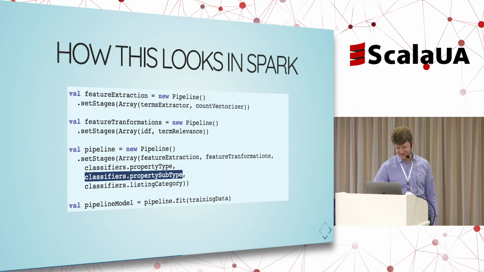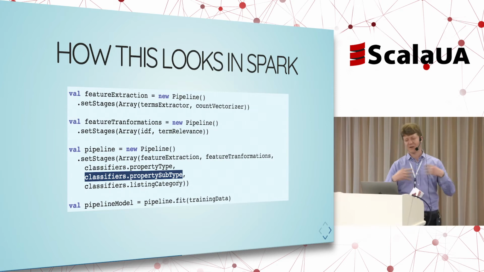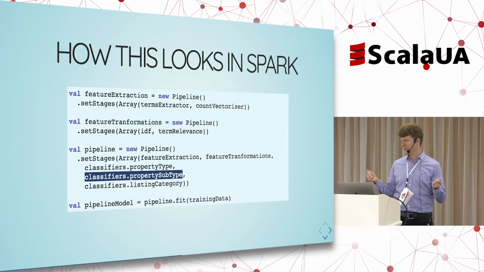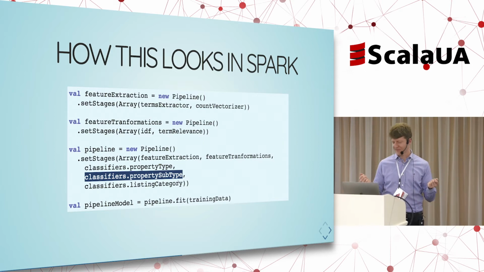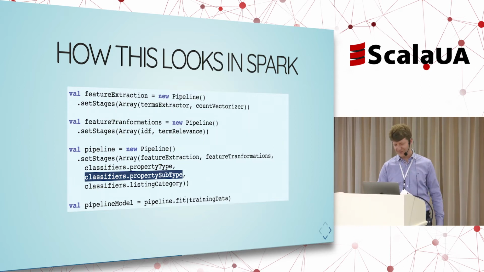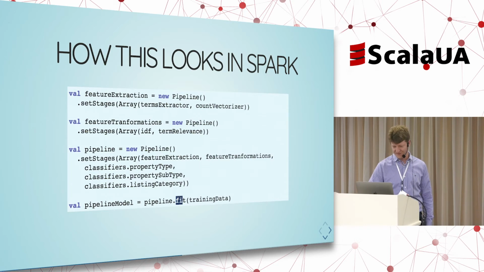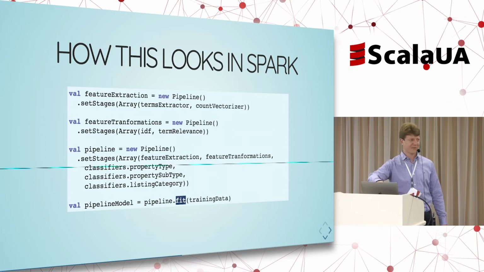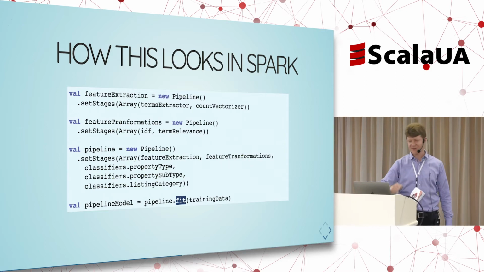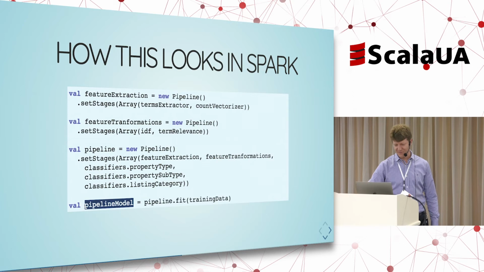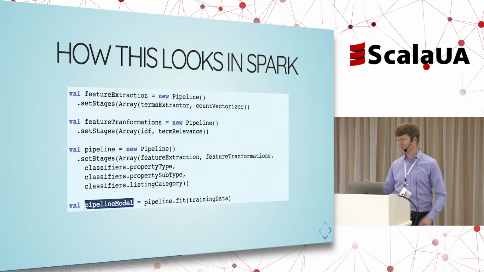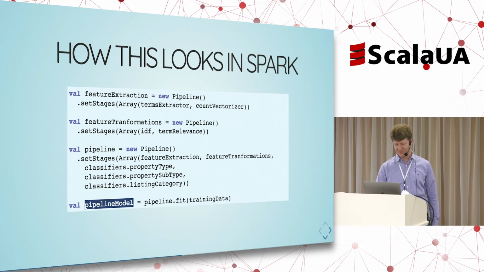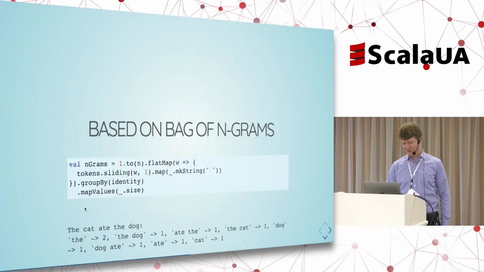And these classifiers, of course, are machine learning algorithms and need to be fit to some training data. This is what is done in the last line. Spark will be intelligent enough to fit all these different stages in this pipeline one after the other, so that when you finally get back your pipeline model, you can really put this to work and it will actually do the classifications or whatever you trained it for.